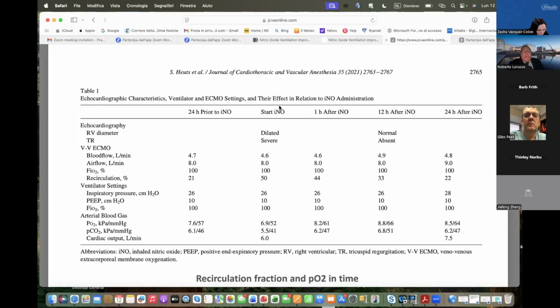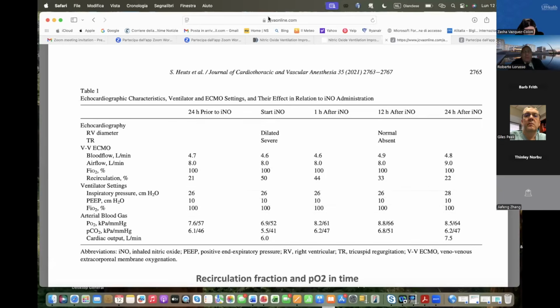So we started NO because we thought that we could try to avoid a switch or conversion to VA. And look, 12 hours after NO administration, the right ventricular diameter was normal, tricuspid regurgitation was absent, and by the way, there was a very important improvement in the gas exchange.